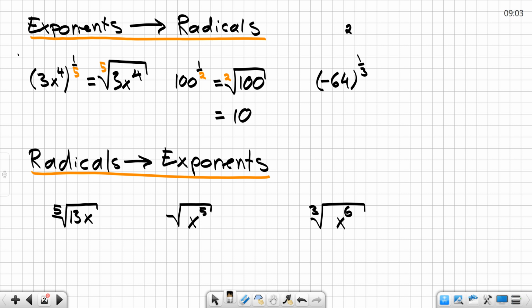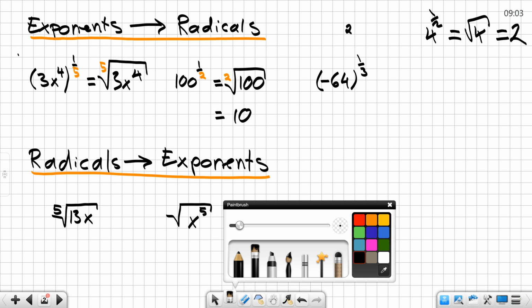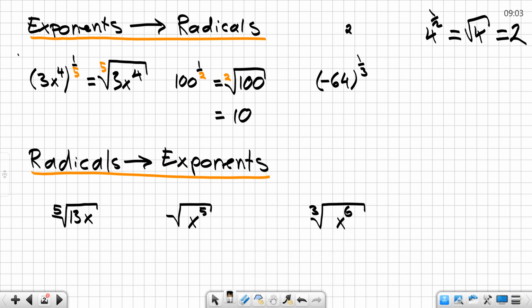So, really quickly, what does 4 raised to the 1/2 mean? Well, 4 raised to the 1/2 is going to be the square root of 4, and that is equal to 2. Let's have another example here that we have written down. This is the -64 raised to the 1/3. What are we going to do? We are just going to look at the denominator down here.